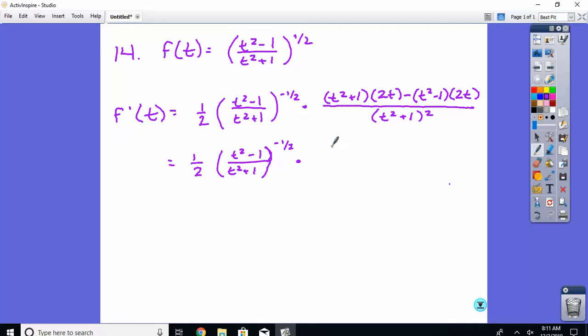So if I distribute my 2t, that's 2t cubed plus 2t. This one I need to distribute a negative in my 2t. So minus 2t cubed plus 2t. So if you didn't go this far, start adding this in, please.